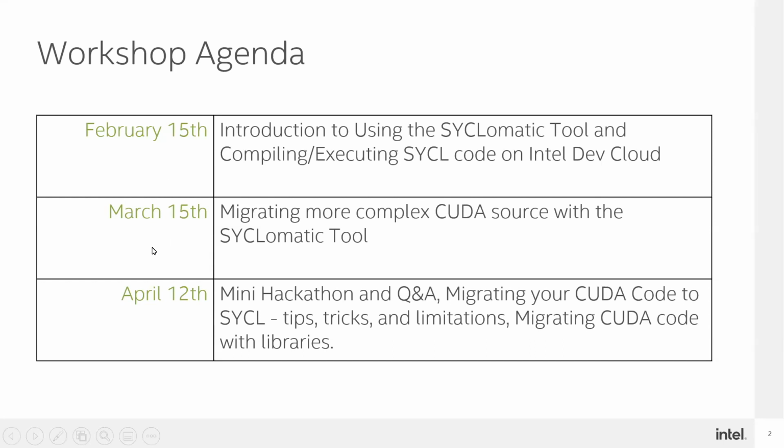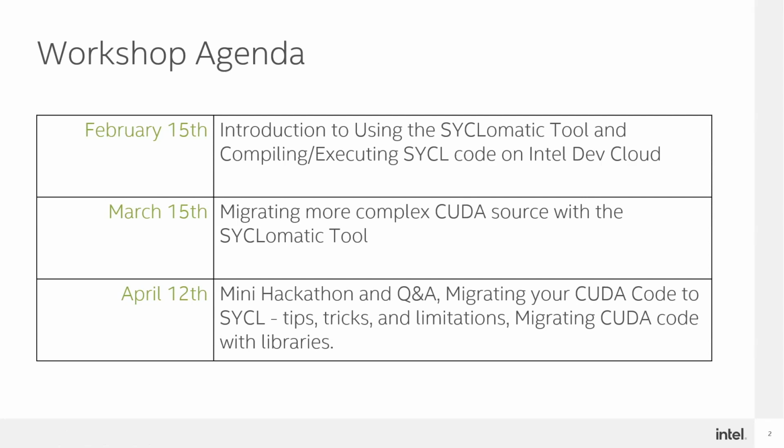Right. So next month, once we have learned about the SYCLomatic tool, we will start migrating more complex CUDA projects and look at the challenges we face during migration and how that all works. And then finally, the third part on April 12th will be a mini hackathon and more of a Q&A.